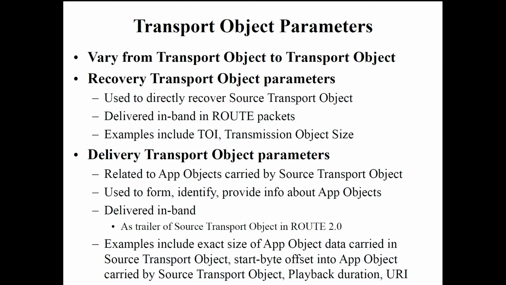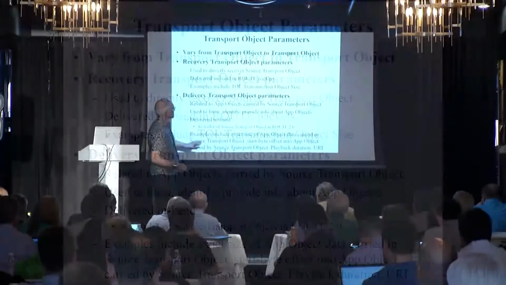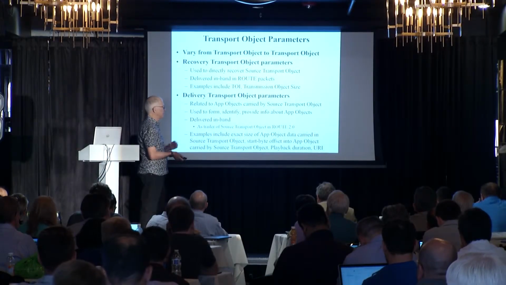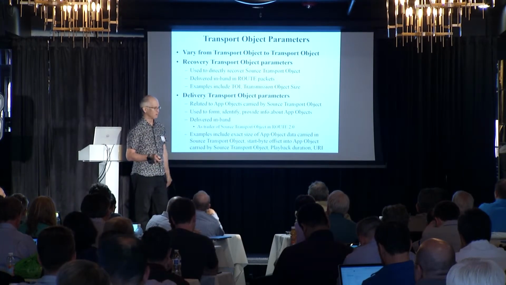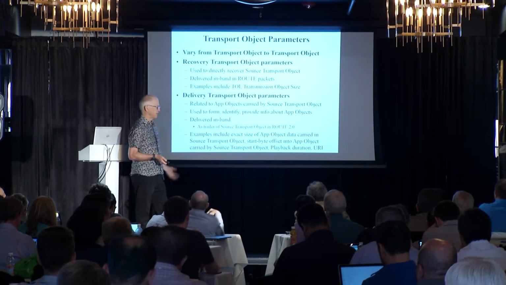These are things you don't need to use to recover the actual source transport object, but you definitely want to deliver them to the application, because it's very useful for it to be able to use that to know what to do with the data you're delivering.